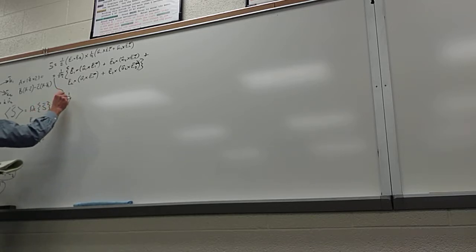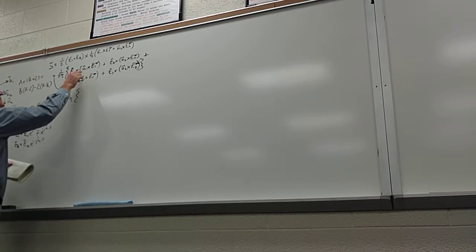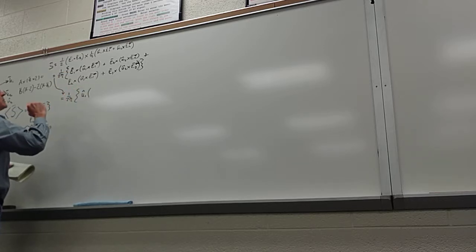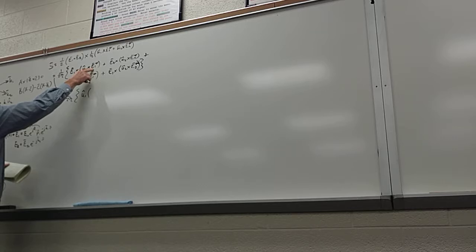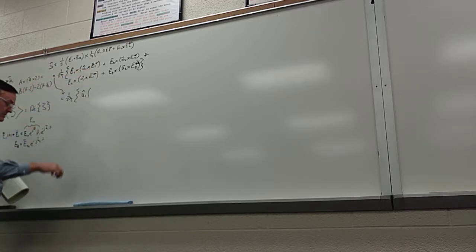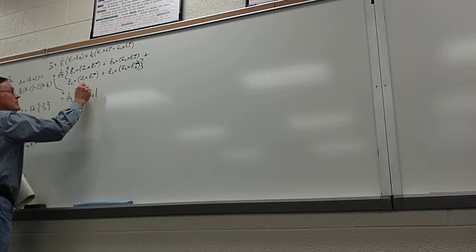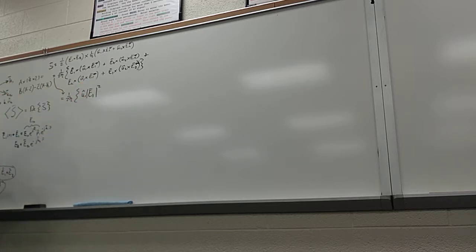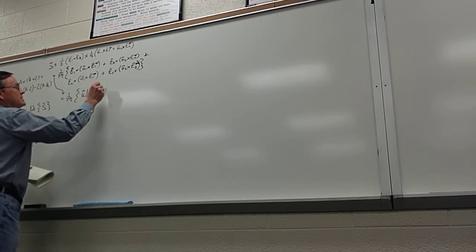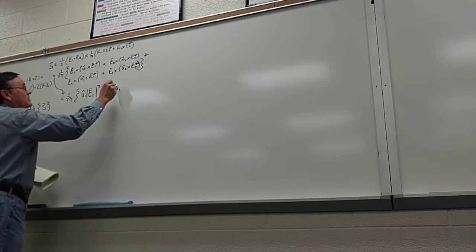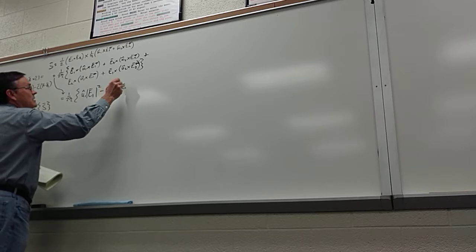So we have 1 over 2 times eta, curly braces. Then we have, for this first one, B is U1 hat, and then it's multiplying E1 dotted into E1 complex conjugate. Oh, we know what that is. Well, magnitude squared of E1. And then we have minus E1 complex conjugate, and we have U1 hat dotted into E1.